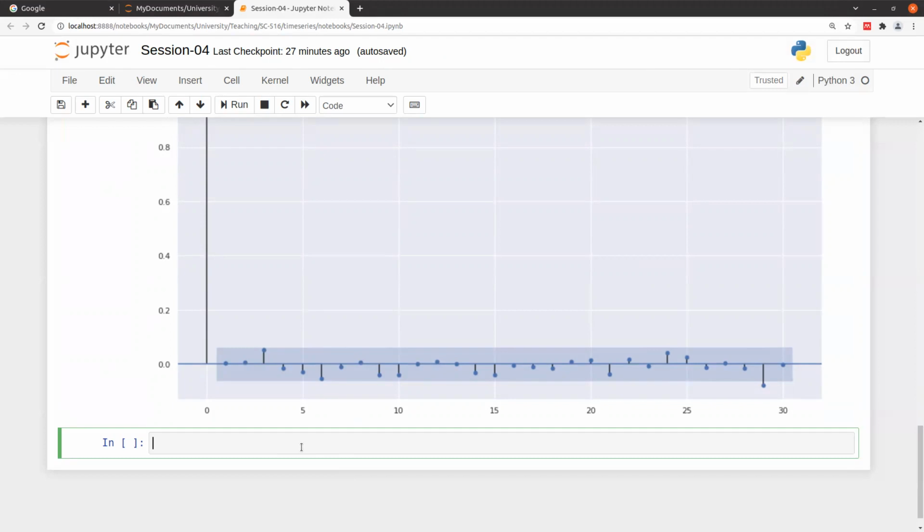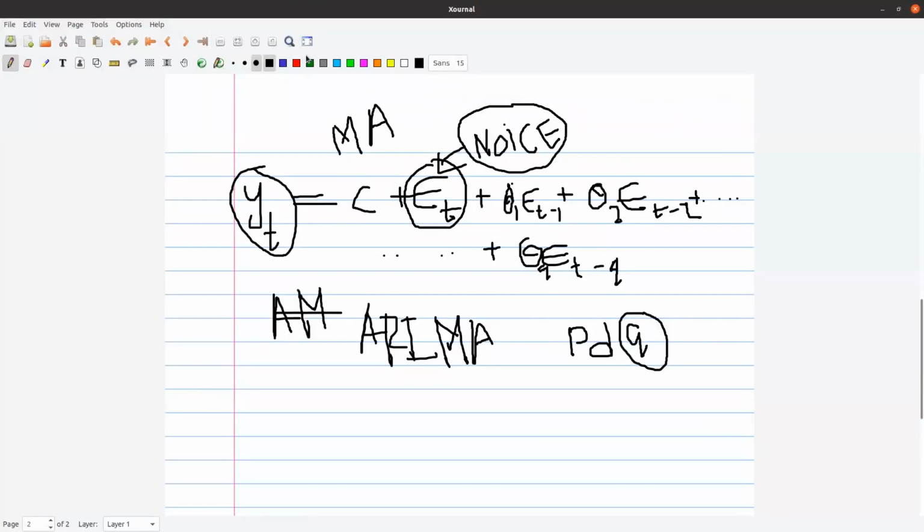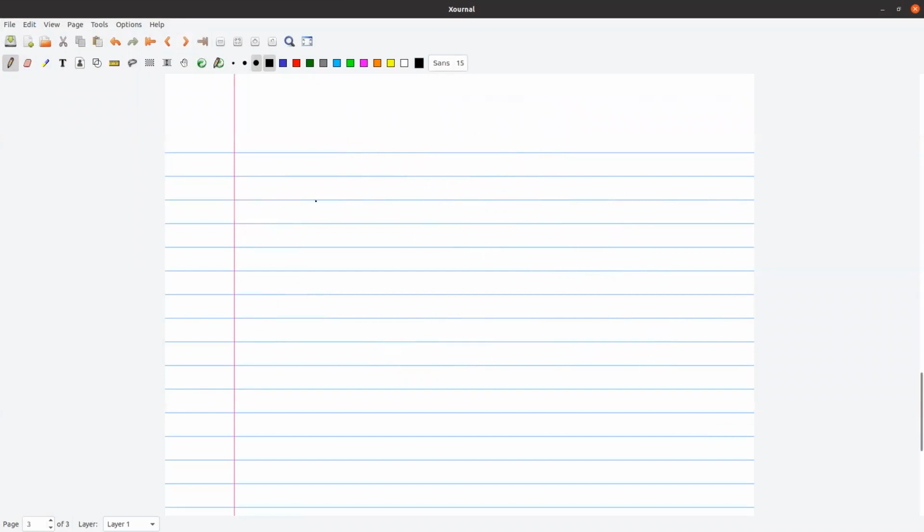Then what is the MA1 process first? Let's simulate the MA1 process with ACF. All right, let's discuss this. According to our equation, what is the MA1 process?